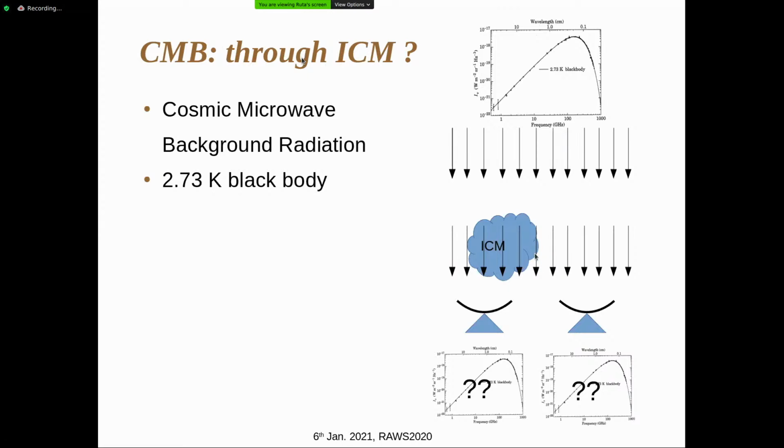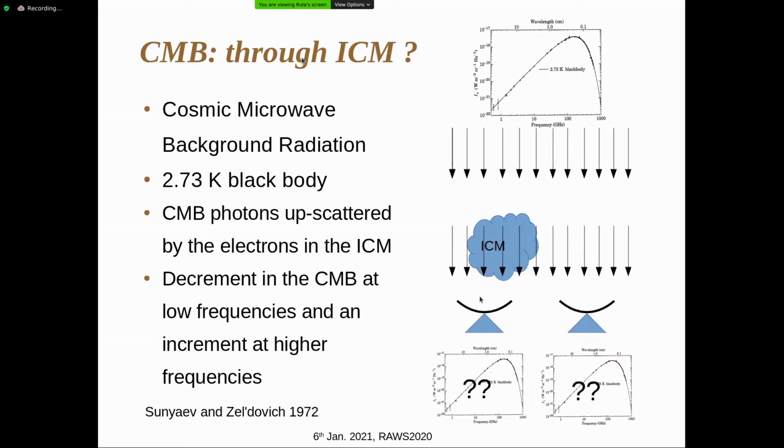what happens if we look at the cosmic microwave background radiation in a direction where there is no galaxy cluster along the line of sight, and in another direction where there is this intra-cluster medium intervening our line of sight? And what if we measure the spectrum of the black body? Is there a difference?